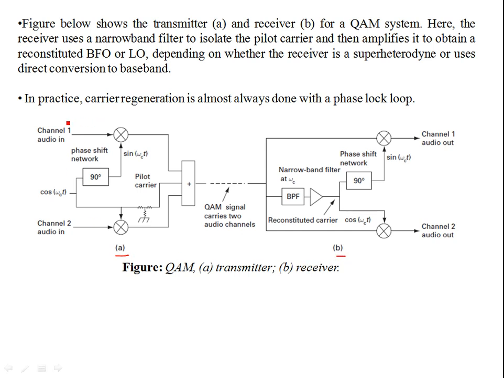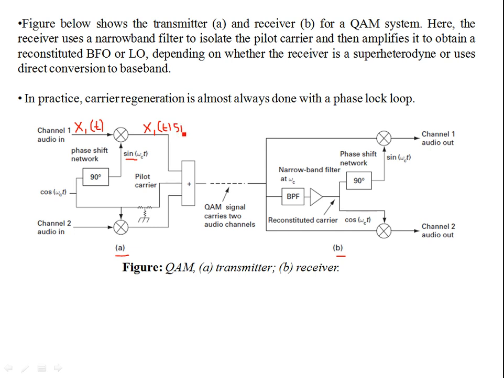Let's say we have an audio signal, call this x1(t). This is going to be modulated by a product modulator whose output is a multiplication with the shifted carrier. We have a 90-degree phase shift over here, so it's going to be multiplied by sine omega c t. So we have x1(t) multiplied by sine omega c t.